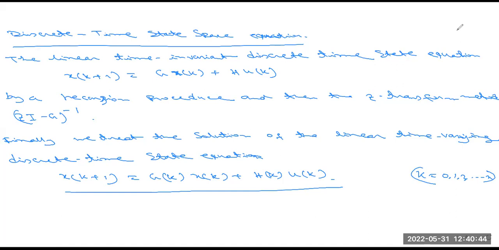Okay, so in the next class we have to solve another topic, that is how to solve the linear time invariant discrete time state equations. Then another topic available is the state transition matrix. So these two topics are remaining for the last in this module.